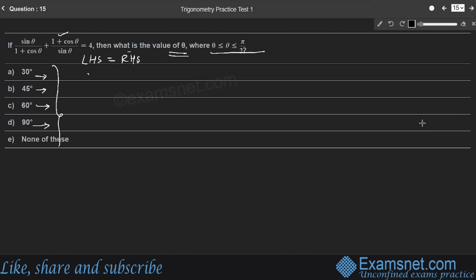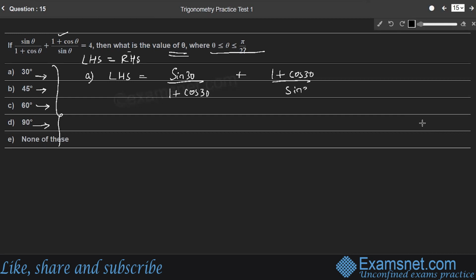So let us substitute the value of theta as 30 degree, right? So the given equation becomes, so we'll consider only the LHS part. We have to check whether it is equal to 4 or not, right? So sin theta becomes sin 30 by 1 plus cos theta becomes cos 30, plus 1 plus cos 30 by sin 30.